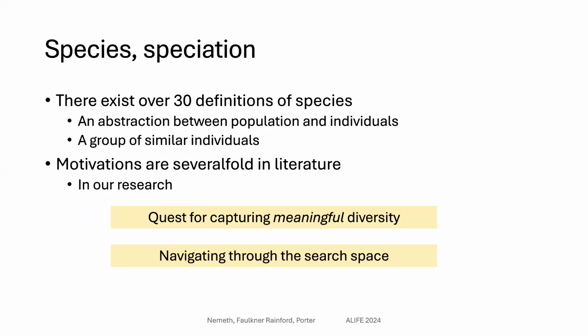The motivations are several-fold in literature, usually tied with multimodal optimization, parallelization, reducing competition. In our case, it's simply twofold. We would like to capture meaningful diversity in our population, and we would like to navigate the search space efficiently.